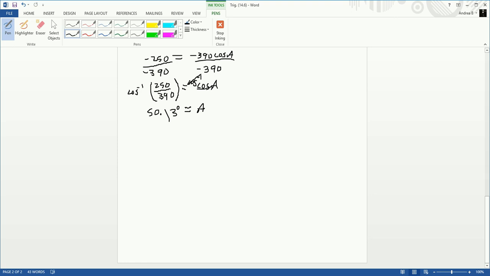So here we could do 12, which was our side a, over sine of that angle A that we just found, sine of 50.13, is equal to side b, which is 15, over sine of angle B, to figure out what angle B would be.